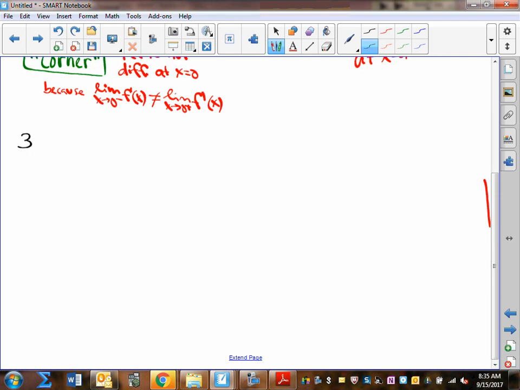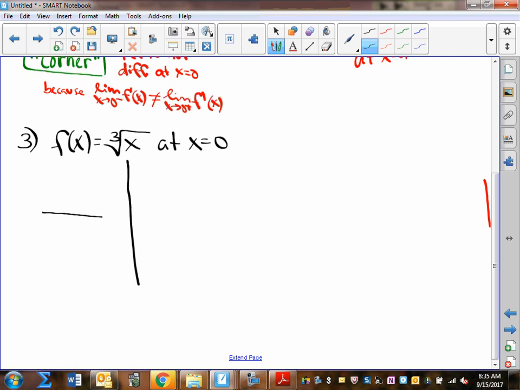So our third situation, think of just your cube root of x. So f of x equals the cube root of x, specifically at x equals 0. If we look at this graph here, it seems innocent enough, right? There's no corner, there's no cusp.